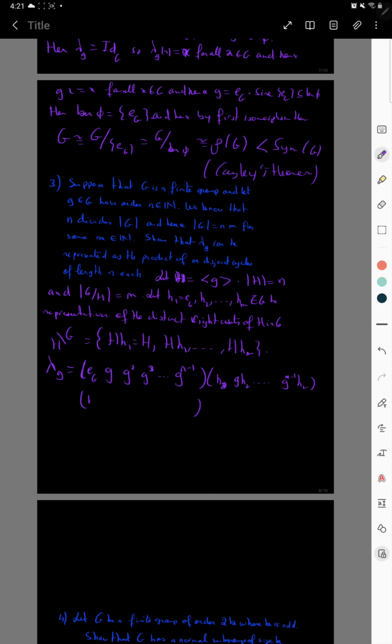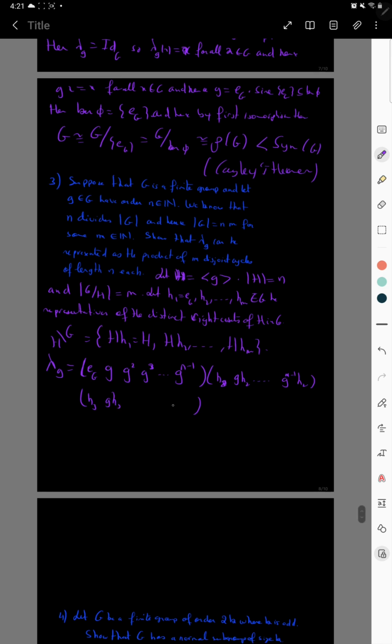And so on: h3, gh3, up to g^(n-1)h3, and then hm up to g^(n-1)hm. All of these cycles have length n, and there are m of them. So really the cycles here are just the cosets. If you write these in order, it cyclically permutes the elements of the cosets, provided you write them in this order.